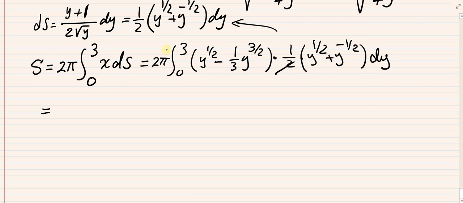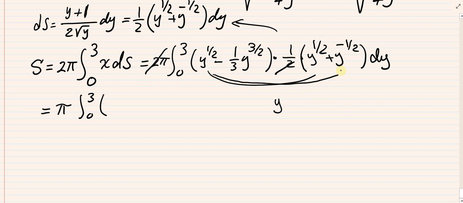The 2 here and the 2 on the outside cross out, so that's just pi. Integral from 0 to 3 of. Now we can distribute here, right? y to a half times y to a half, that's just y. y to a half times y to negative a half, that's y to 0, which makes it 1.